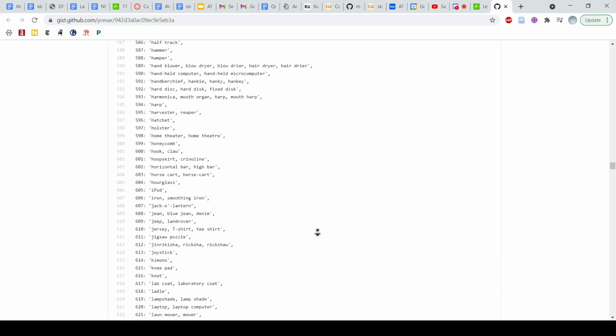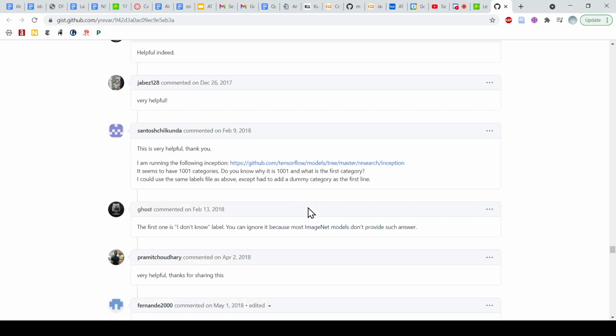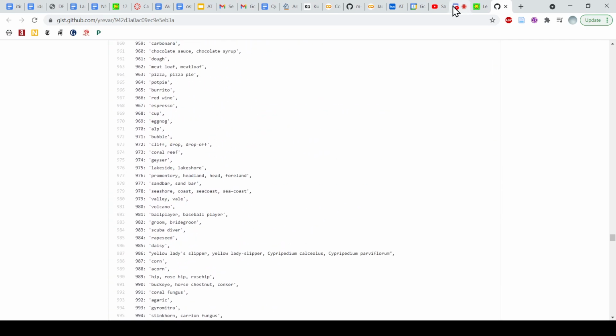So you can end up doing basically ImageNet, by giving it text that represents those classes. But what's cool about CLIP is while you could say, is this a coral reef?